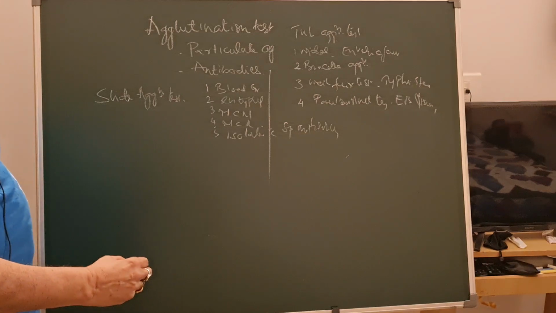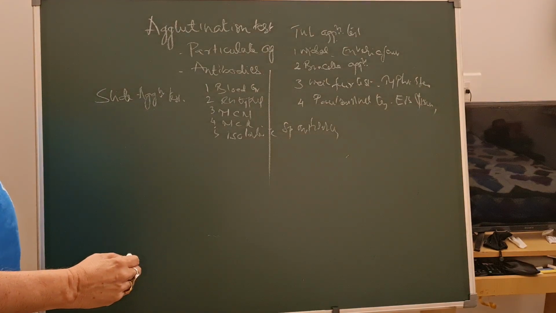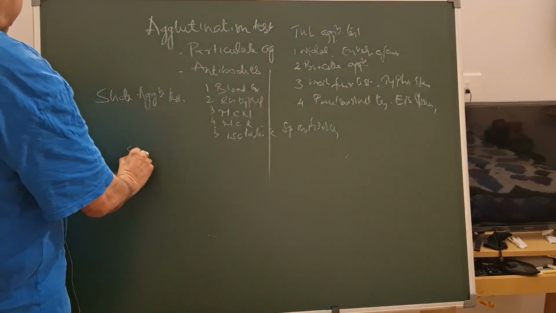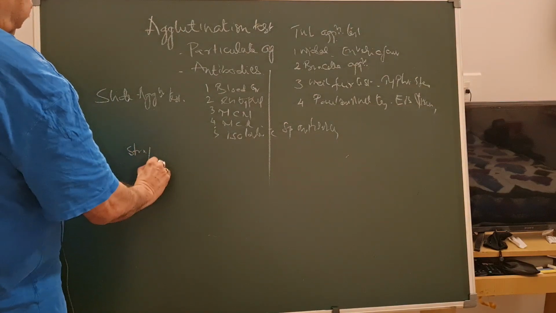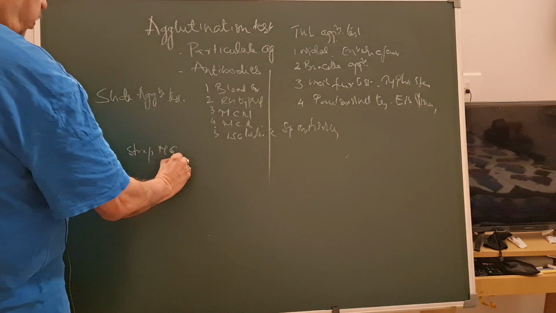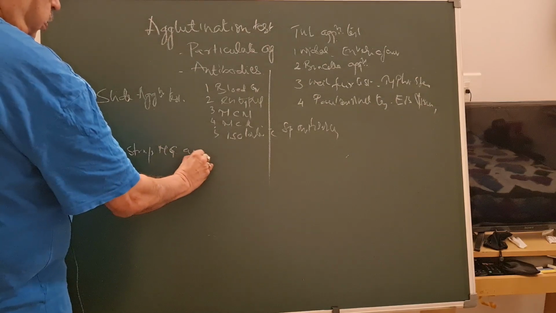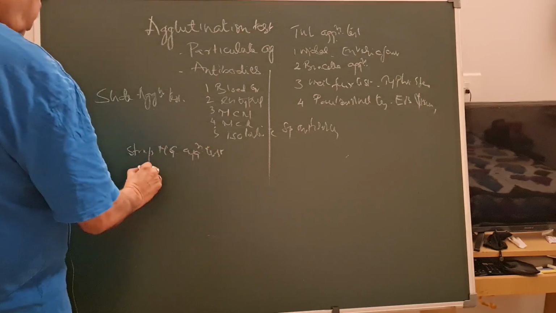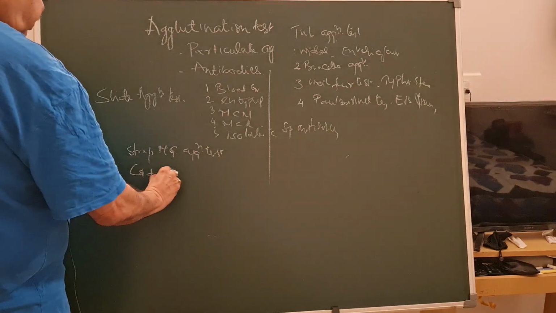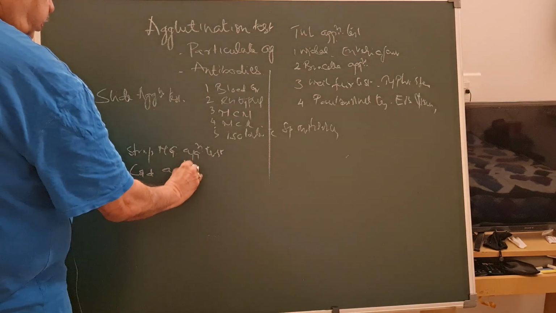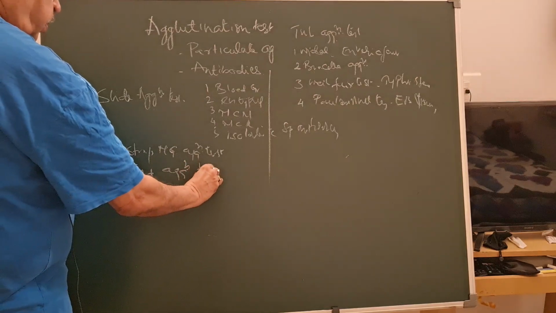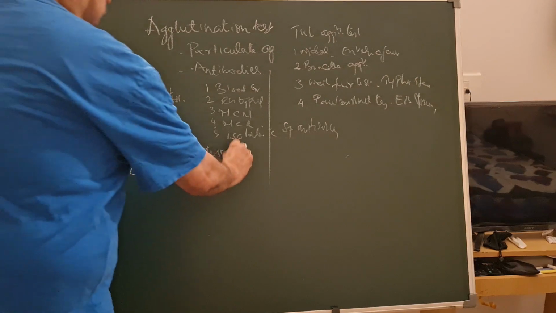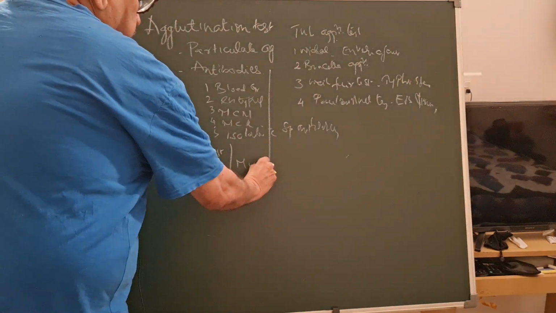Next, there are 2 tests which are done for primary atypical pneumonia: Strep MG agglutination test and cold agglutination test. These are done for mycoplasma.